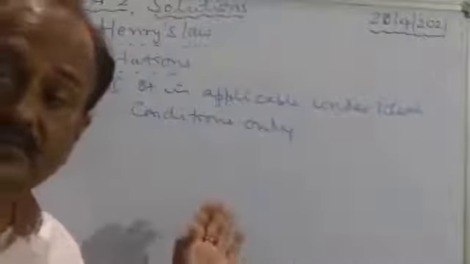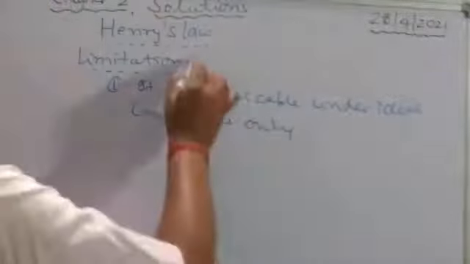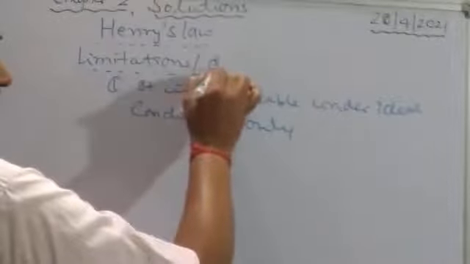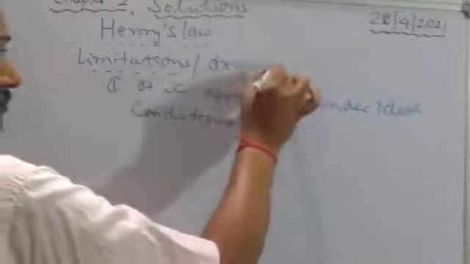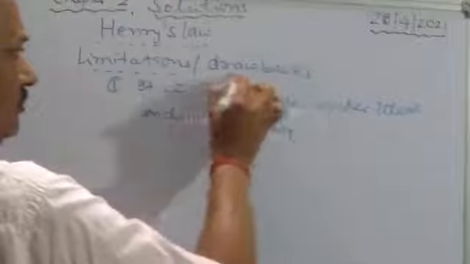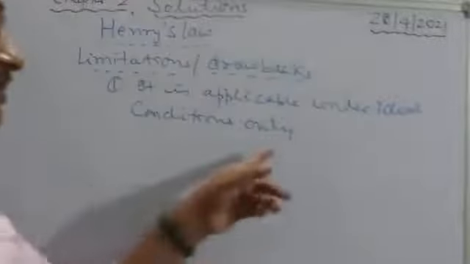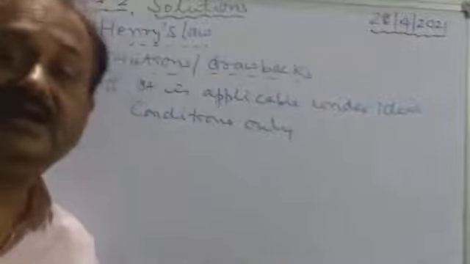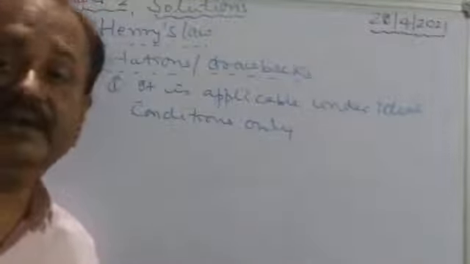Now coming to the last part of Henry's law, the limitations or drawbacks. So first, it is applicable under ideal conditions only. Ideal conditions must be maintained.